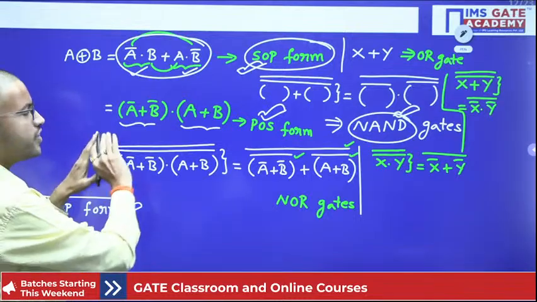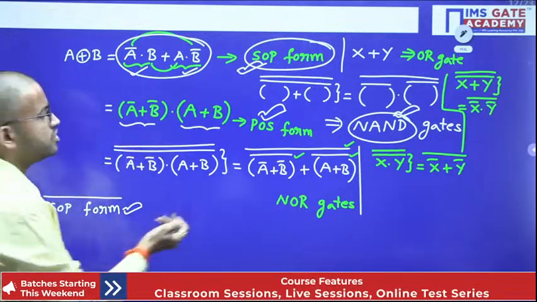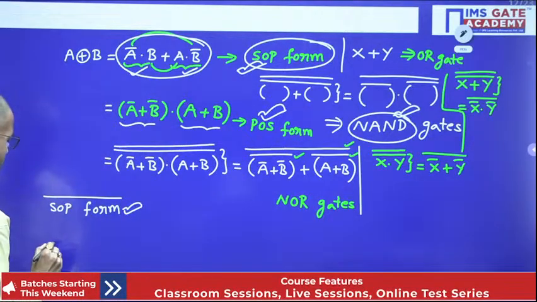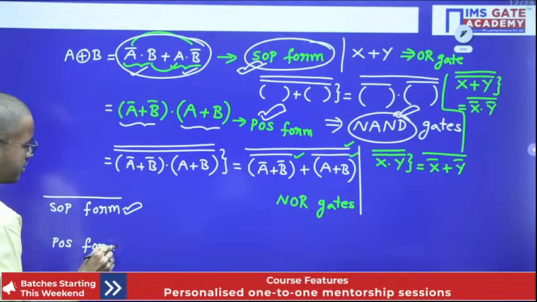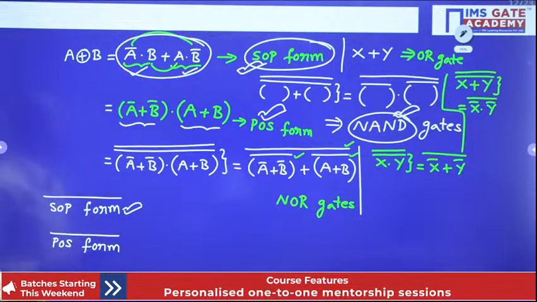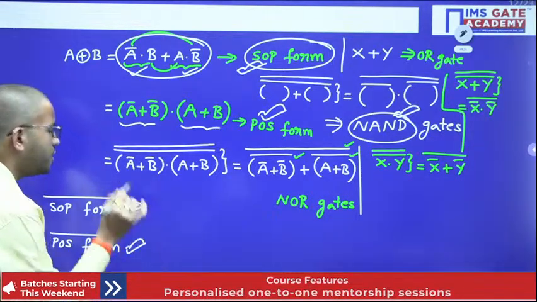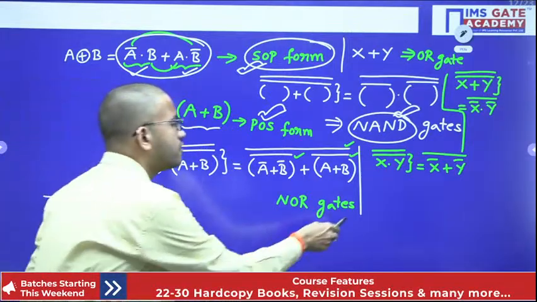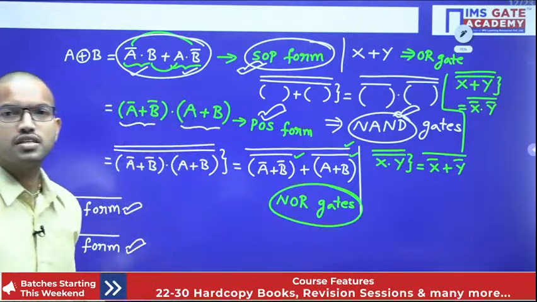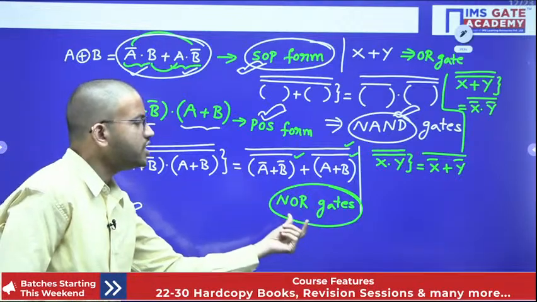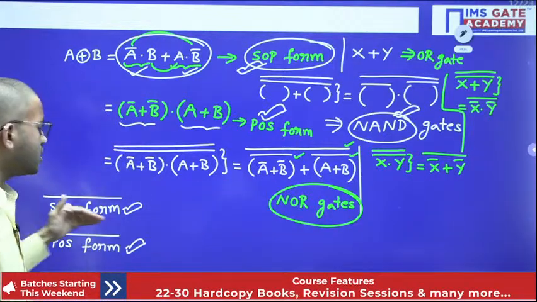Similarly, say for example, after simplification of any Boolean function, you got the POS form, but you are having a complement on top of that. First of all, you construct the POS form function, which you can implement with the help of NOR gates. Whatever circuit you got, after that you just want the complement.